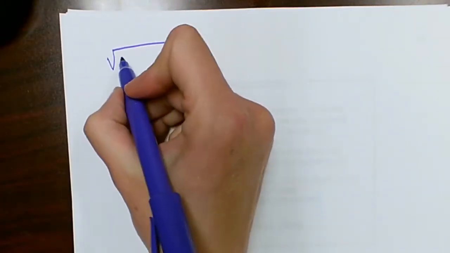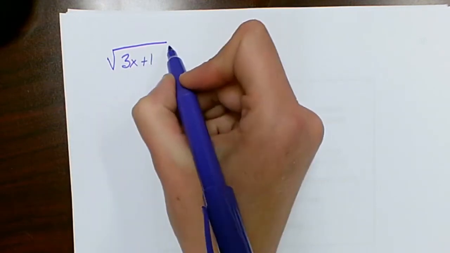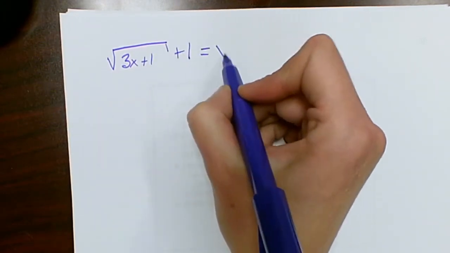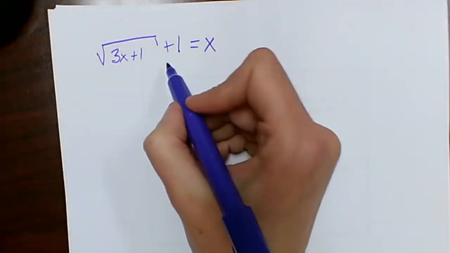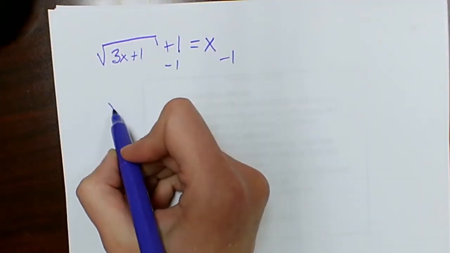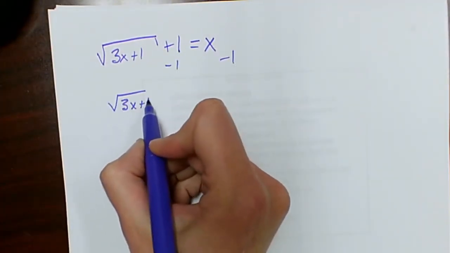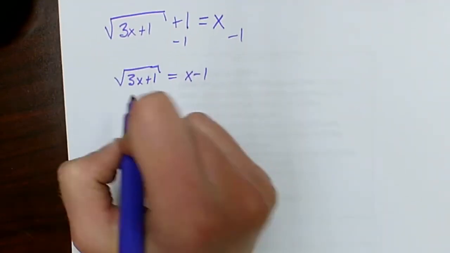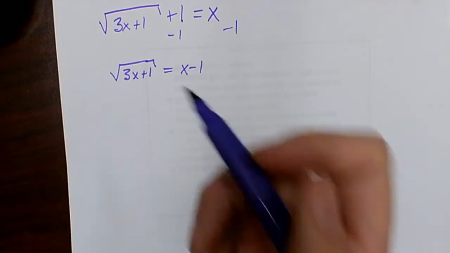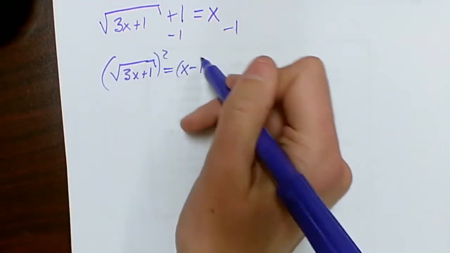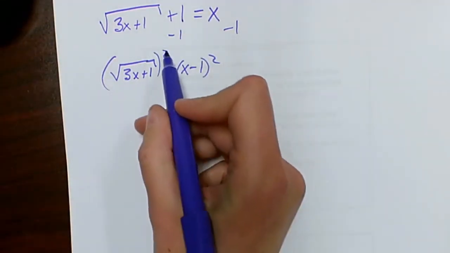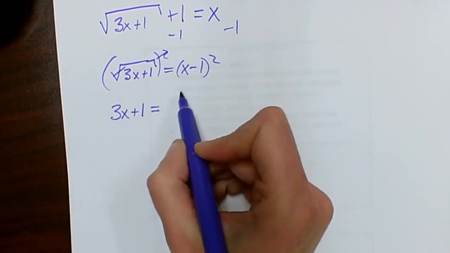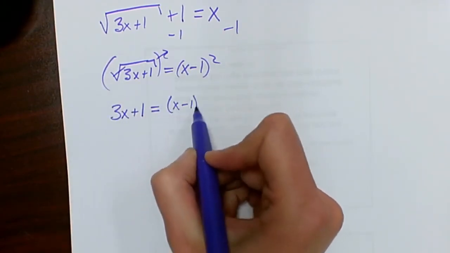Square root of 3x plus 1, and then we're going to add 1 to this, equals x. So we are going to subtract 1 from both sides. Now we have a radical isolated on one side. We are going to square both sides so that we have 3x plus 1 equals x minus 1 squared.